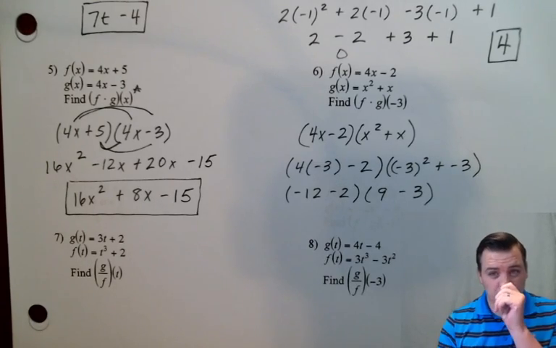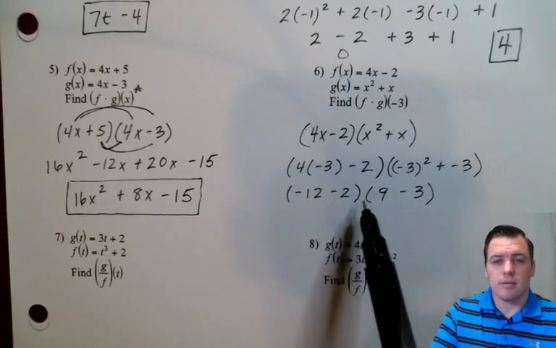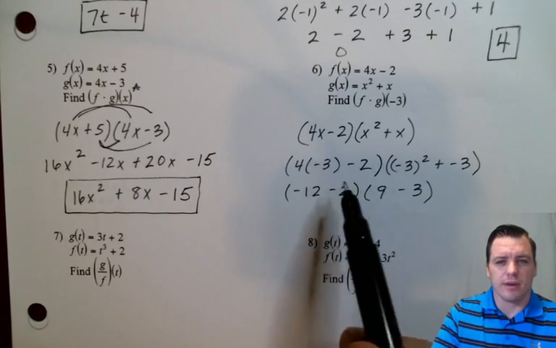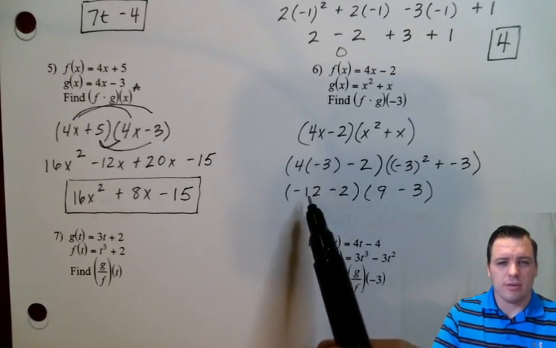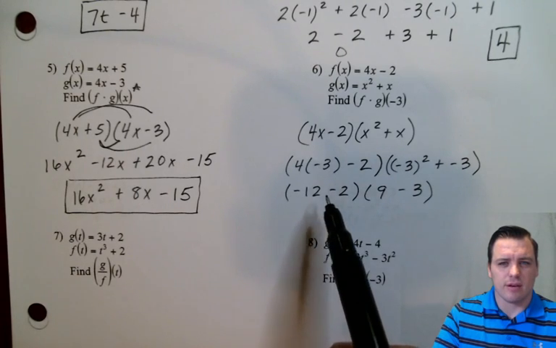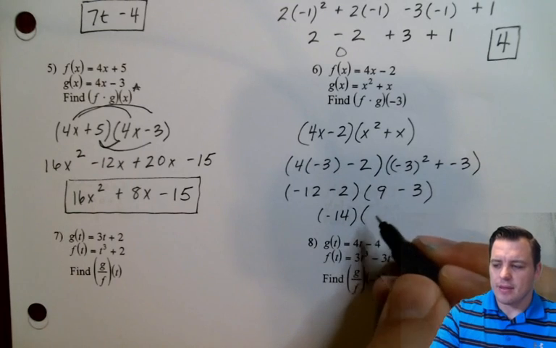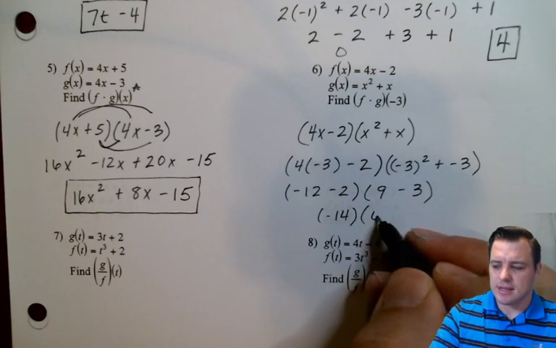Now here's the thing, we don't have to FOIL this because these are numbers. Order of operations says use parentheses, so we can actually do parentheses here. So what's -12 minus 2? That would be -14. And then 9 minus 3 is 6.